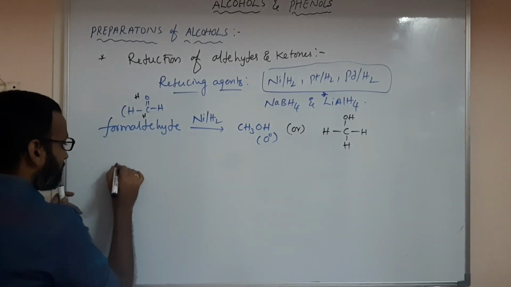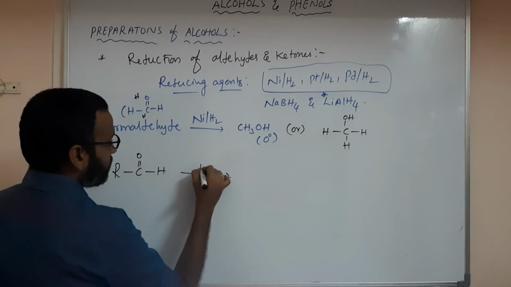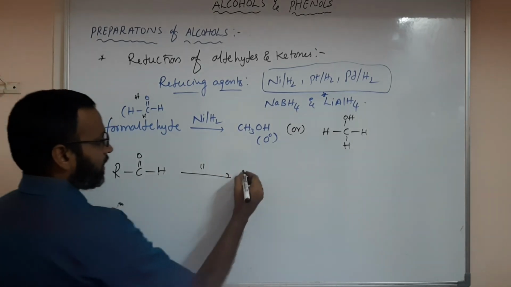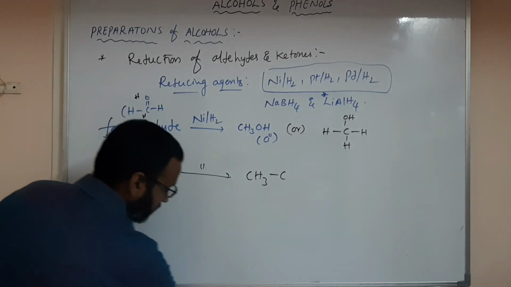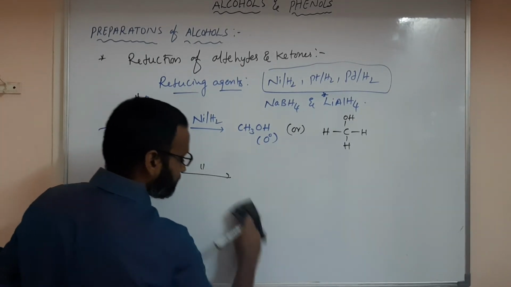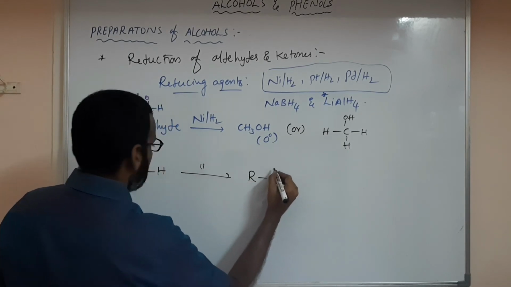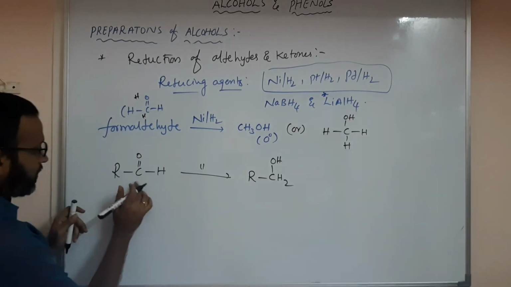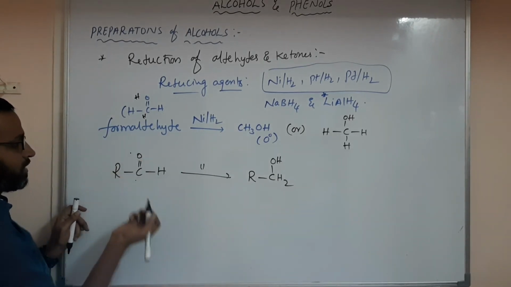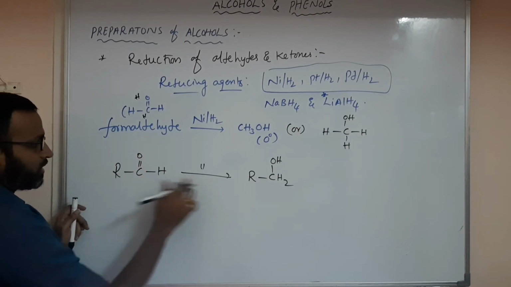And any carbonyl other than formaldehyde, C double bond O, when I use this reducing agent, I will get a primary alcohol. Suppose I write R here, then I will get R, C, OH and H. Understanding? One hydrogen here, one hydrogen here. Reduction means addition of hydrogen or not? That's it. So RCH2OH.